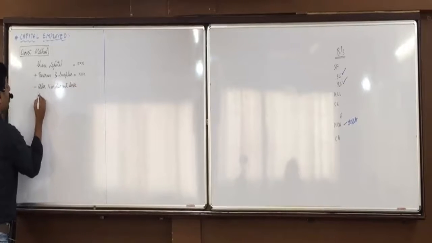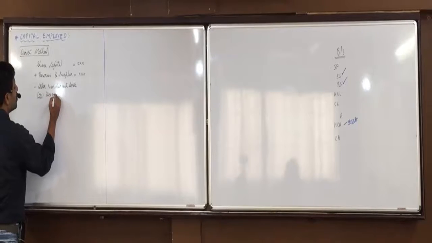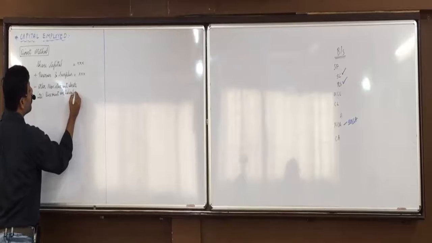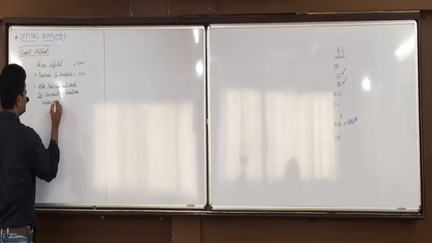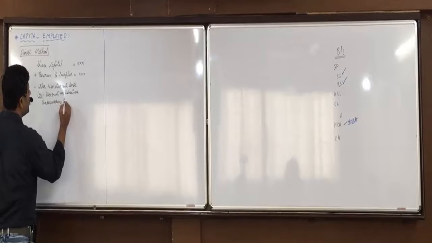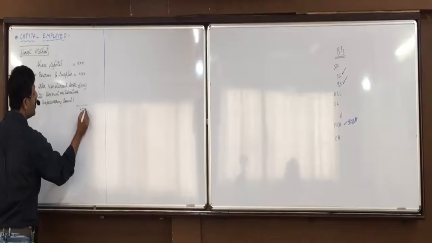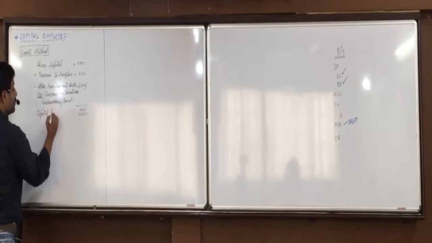What will these other non-current assets include? Discount on issue of debentures, underwriting commission, etc. Just 2 examples I am writing so that you understand it. These are considered to be fictitious assets that we have to minus. What you get is capital employed.